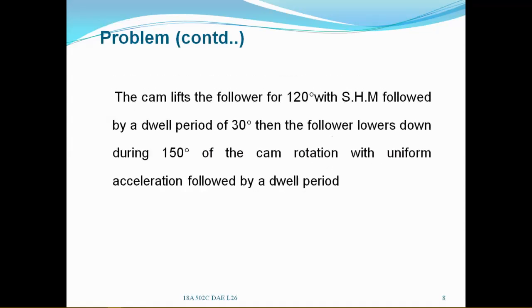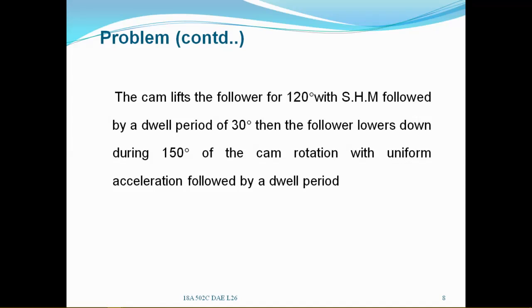The cam lifts the follower for 120 degrees with simple harmonic motion. That means the outstroke, that is lifting, angle of lift, or angle of rise or angle of ascent, is 120 degrees simple harmonic motion, followed by a dwell period of 30 degrees. Then the follower lowers down, which means falling or return stroke, during 150 degrees of cam rotation with uniform acceleration followed by a dwell period.